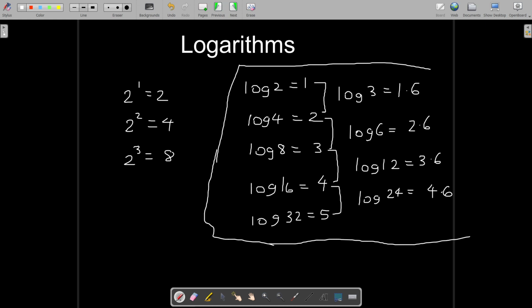Now let's just say for a question you need to find the log of 31. You know that log 32 is equal to 5. 31 is a little less than 32. So you can say log 31 is approximately 4.9.